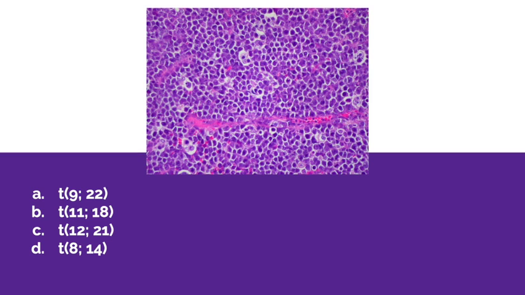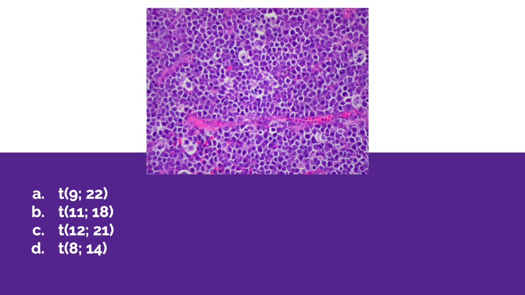For all the different steps, USMLE Step 1, Step 2 CK, and Step 3, images are always going to be high yield. So if you know the images, that can definitely save you time from reading extremely long question stems. But if you see an image like this, it's imperative that you know that this is associated with Burkitt's lymphoma. In this image, you can see the classic starry sky appearance.